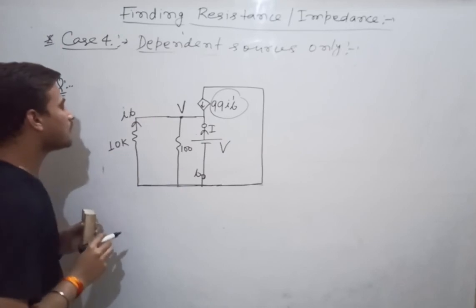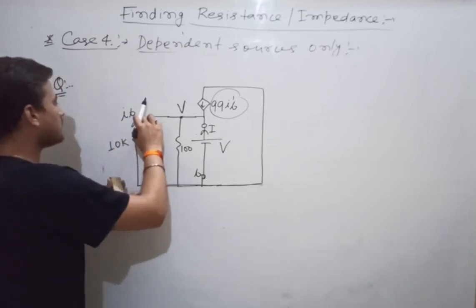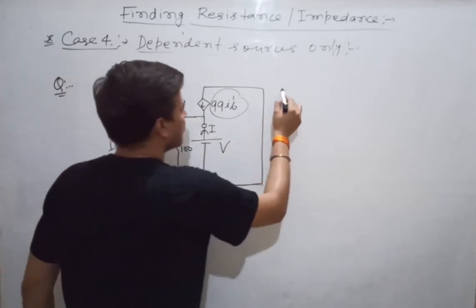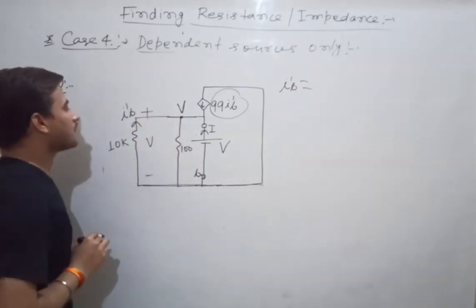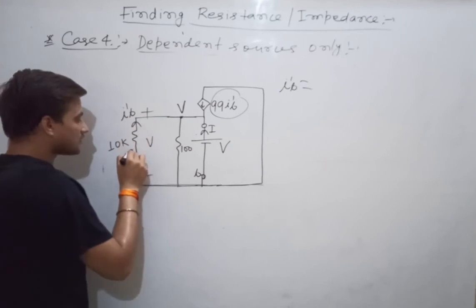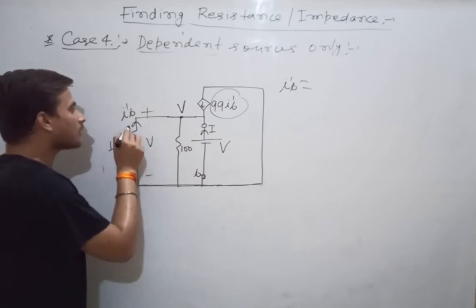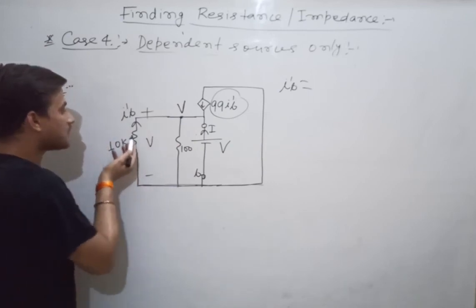Clear? So now if you find the value of this current, the total voltage is V minus V. The current is IB dash, so IB dash will be equal to what? If the direction of current was downward, then you could write IB equal to V by 10K. But here the current direction is opposite.